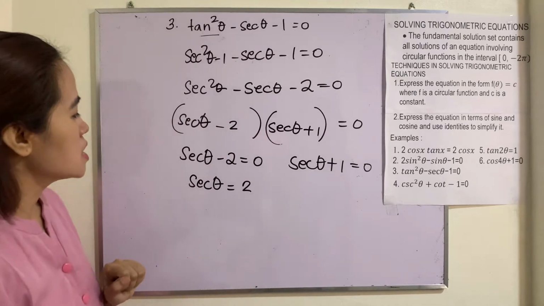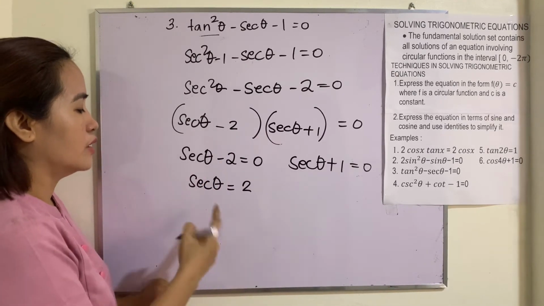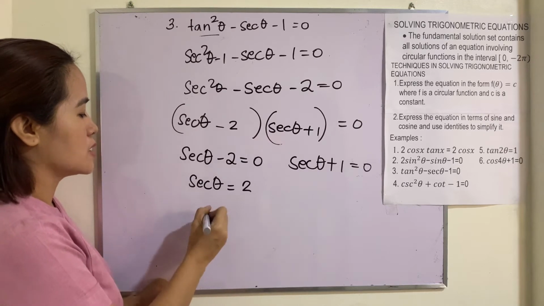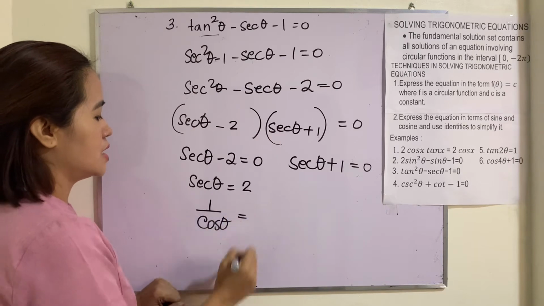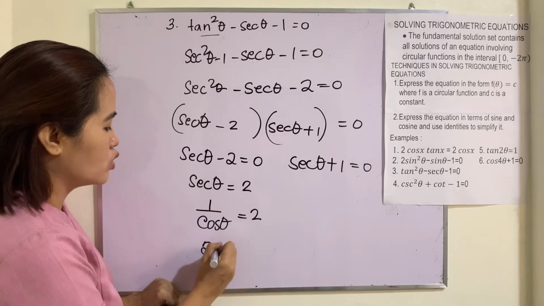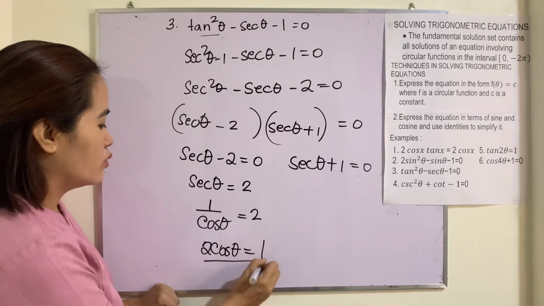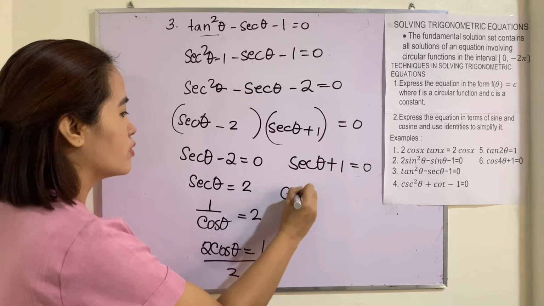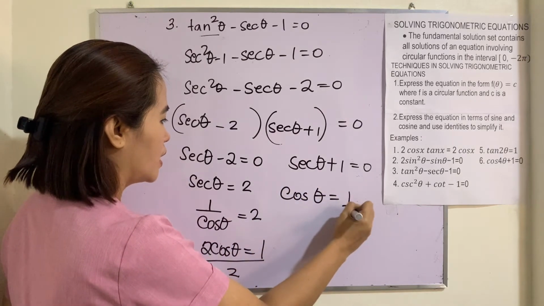It is more convenient if we express this in terms of cosine. So this is 1 over cosine theta is equal to, of course, 2. Therefore, we have 2 cosine of theta is equal to 1, so 1 over 2. We have cosine theta is equal to 1/2.